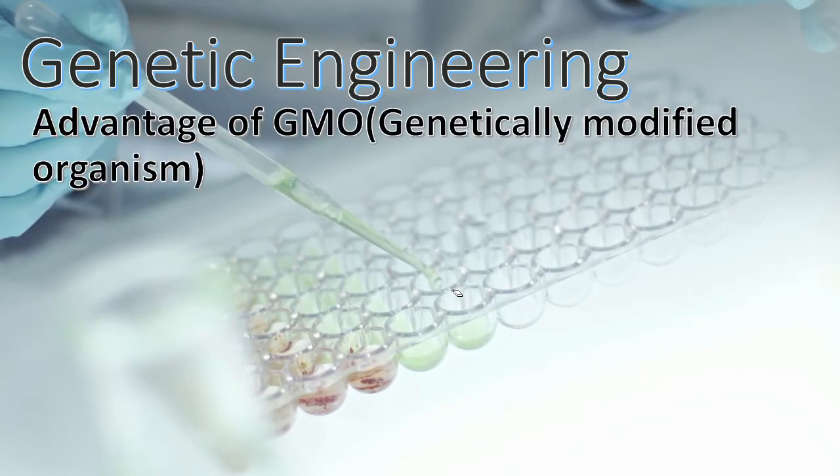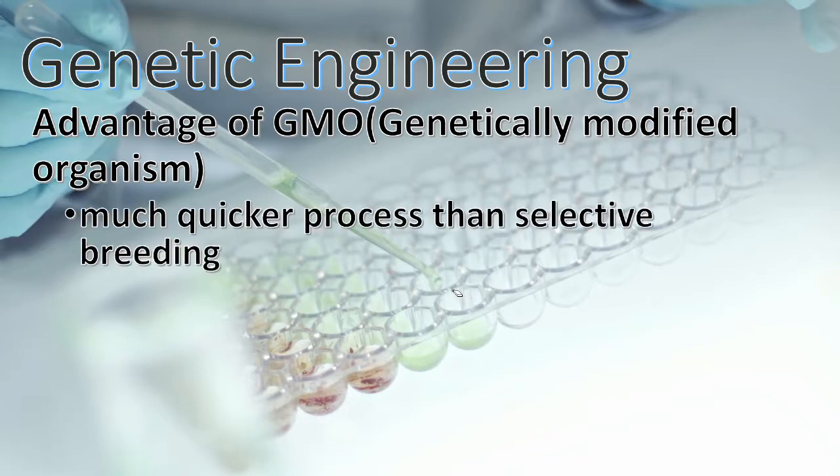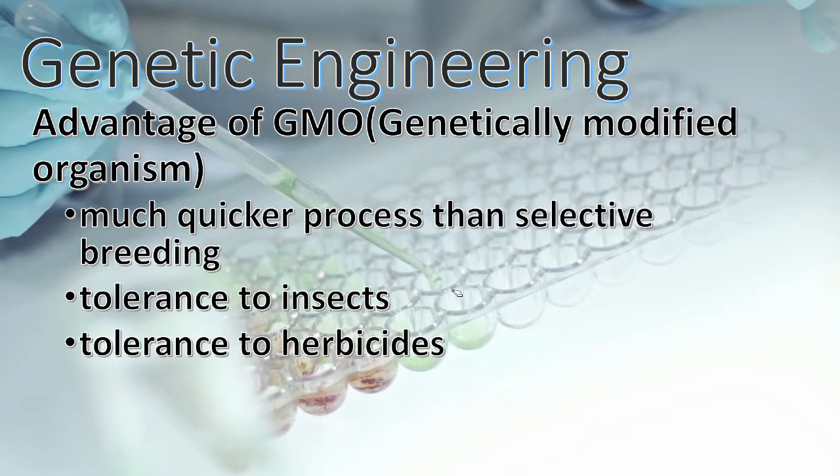So, advantages of GMO. It is a much quicker process than selective breeding. Tolerance to insects. In selective breeding, we need to find this characteristic, which takes long. Third is tolerance to herbicides. Herbicides are a type of poison for vegetation or plants. The desired crop that you want to live will have tolerance to this poison.